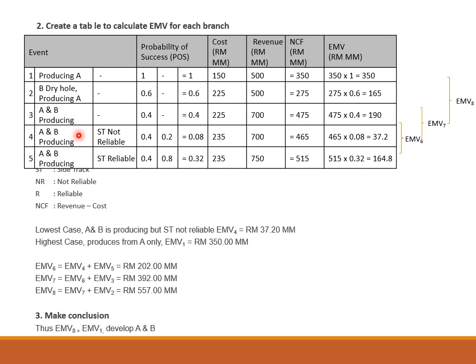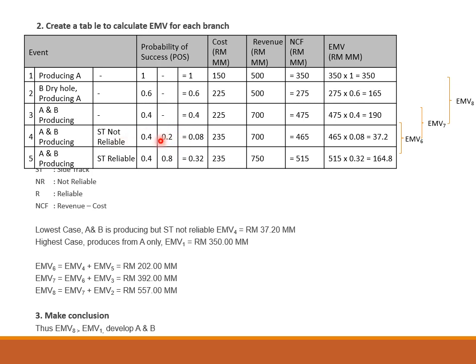So to drill the sidetrack, remember the question says that it will incur an additional $10 million to drill the sidetrack well. So additional 10 million, that means see here the cost has increased 10 million, 235. And it says that the sidetrack may be reliable or not. So the reliability of the sidetrack is 80%. Okay, so that means 20% is not reliable.